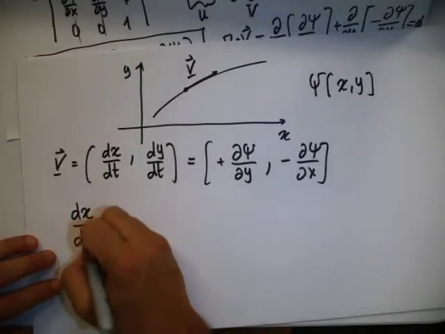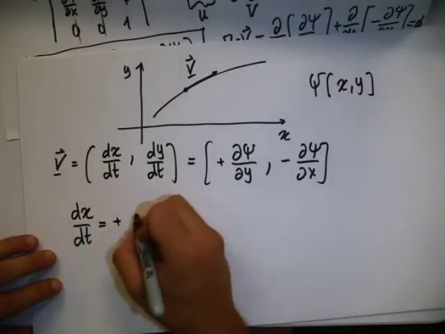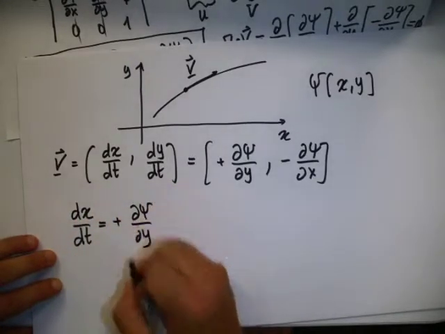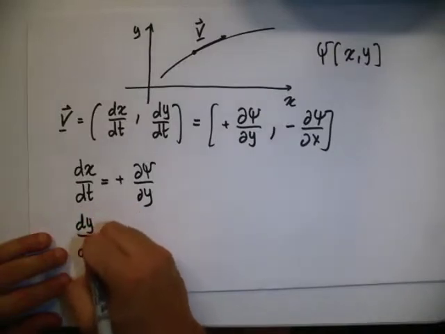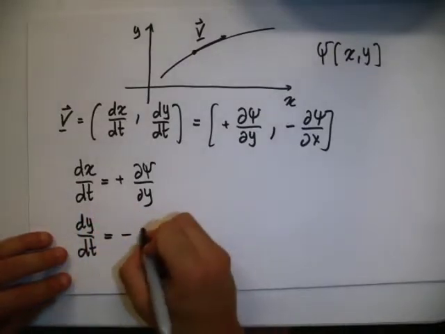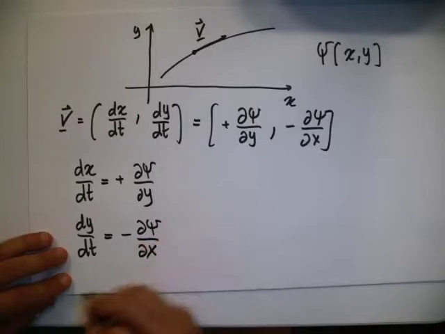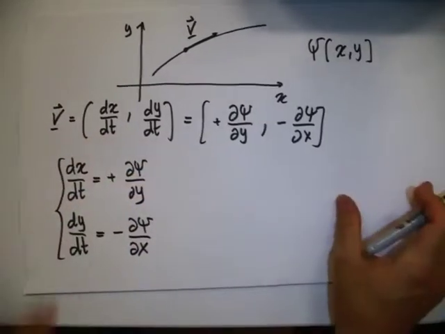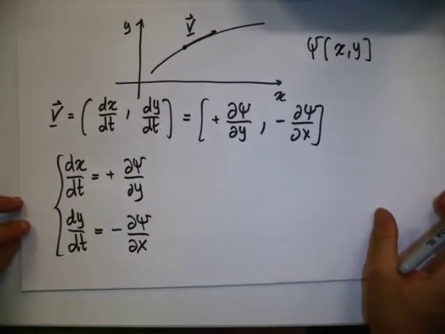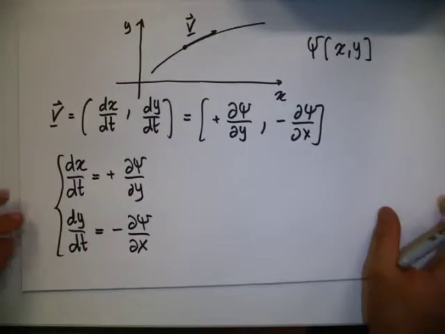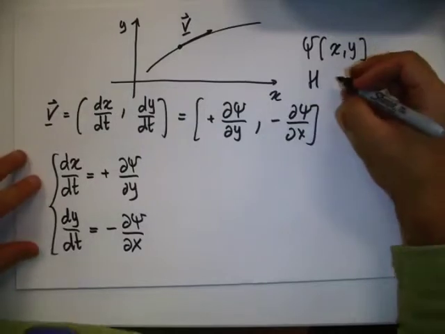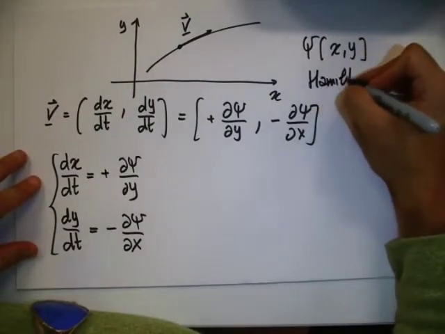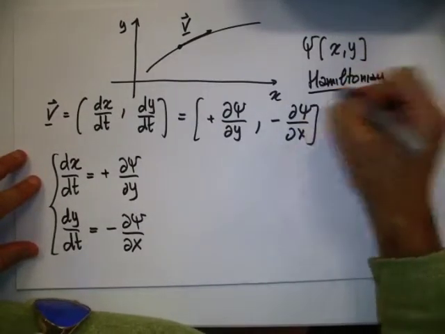So we derive that dx/dt equals plus dψ/dy and dy/dt equals minus dψ/dx. And this can be reformulated as a Poisson bracket, because this is a Hamiltonian system, because the stream function is basically the Hamiltonian.